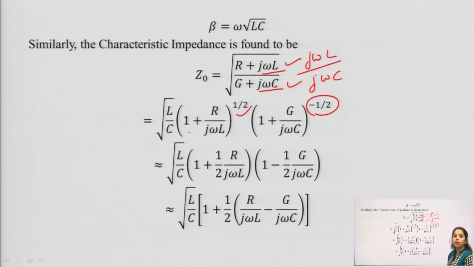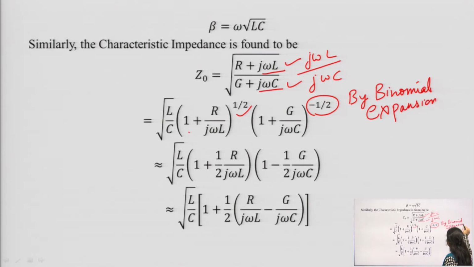So, here we have minus half, and again by binomial expansion the same thing which we have done for the propagation constant can be repeated here. First of all we do the complete binomial expansion of this, but since the denominator carries the frequency, the higher order terms will be very small in value as compared to the initial order terms.